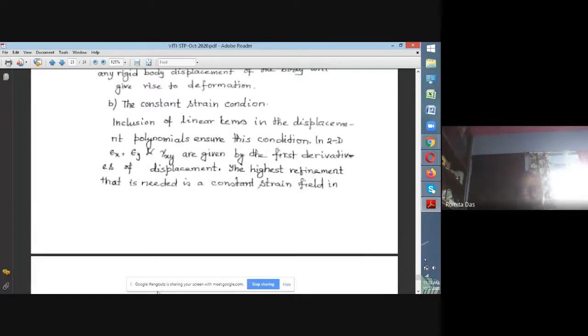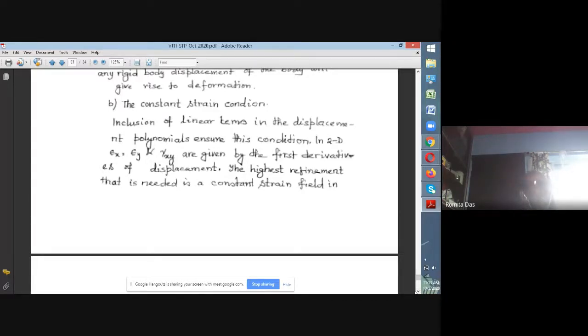You must also have the linear terms, alpha 2 x plus alpha 3 y. These linear terms assure the constant strain condition in the two-dimensional analysis. Therefore, the constant strain condition must be satisfied by taking the linear terms in the case of two-dimensional analysis.